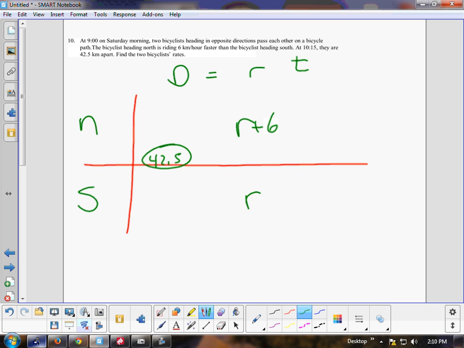Okay, and the time would be from 9 to 10:15, which would be a total of 1 hour and 15 minutes, which would be 1.25 hours.